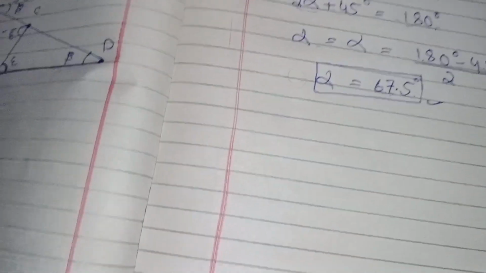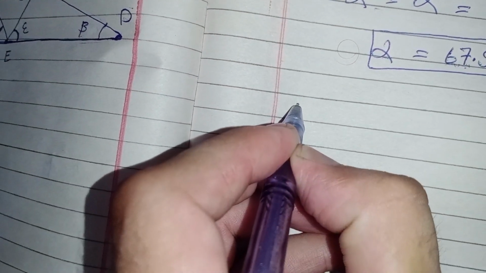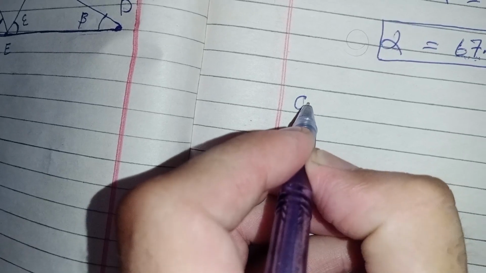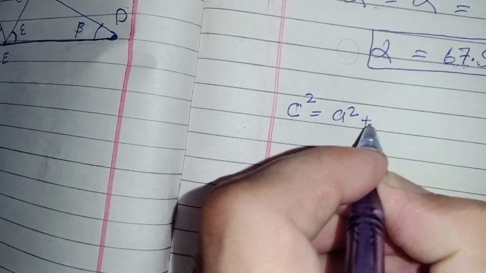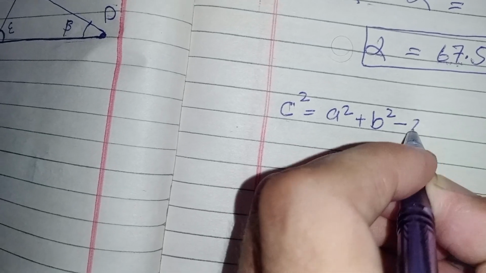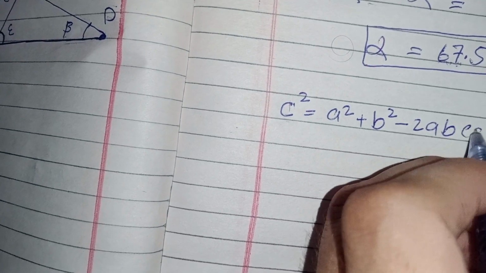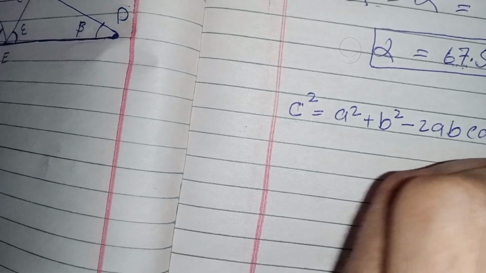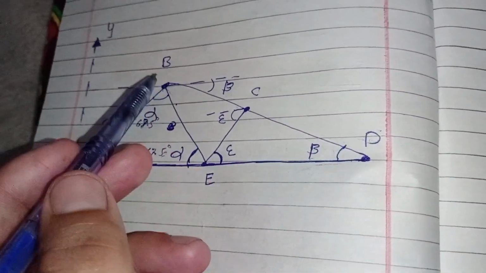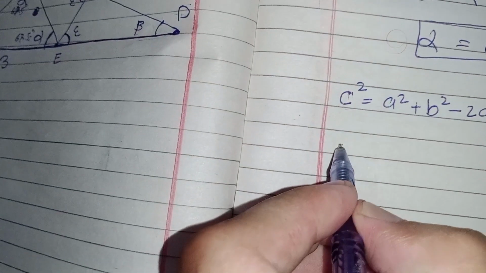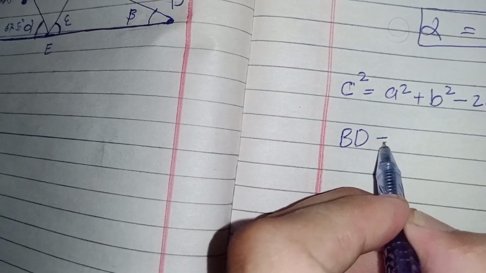The cosine law formula is like that: C squared equals A squared plus B squared minus 2AB cos theta. What is C? C is the length BD.